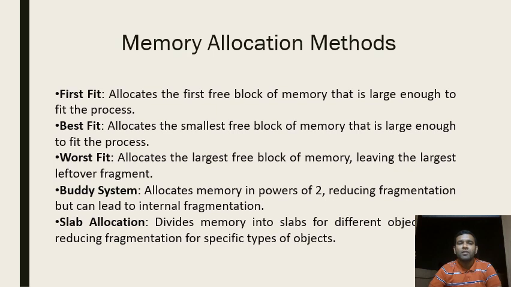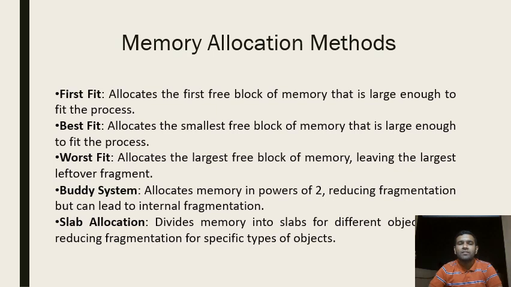First fit allocates the first free block of memory that is large enough to fit the process. Best fit allocates the smallest free block of memory that is large enough to fit the process. Worst fit allocates the largest free block of memory, leaving the largest leftover fragment.